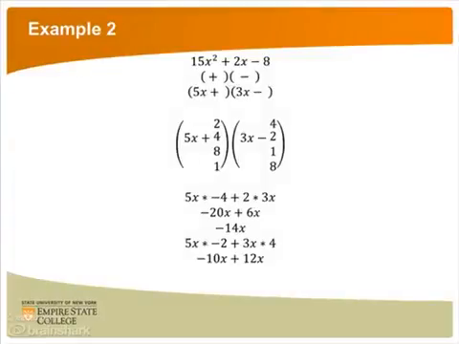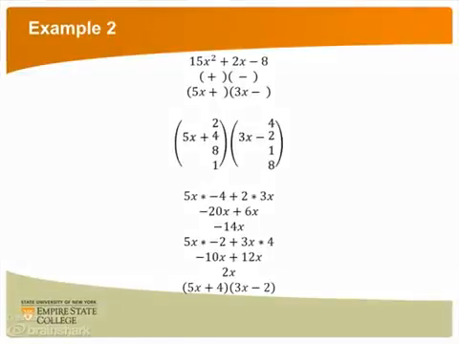This results in negative 10x plus 12x, which is positive 2x. We found the exact thing we wanted. We are all set. So 15x squared plus 2x minus 8 factors to 5x plus 4 times 3x minus 2.